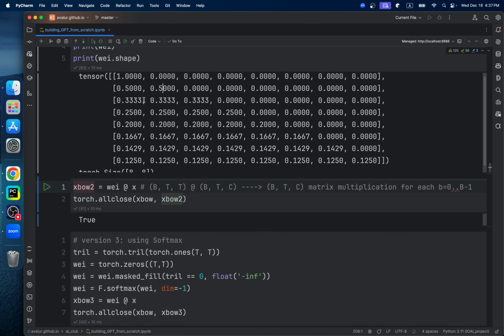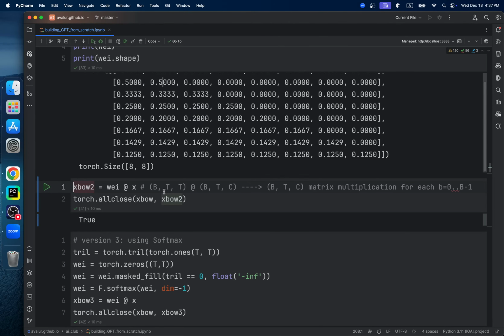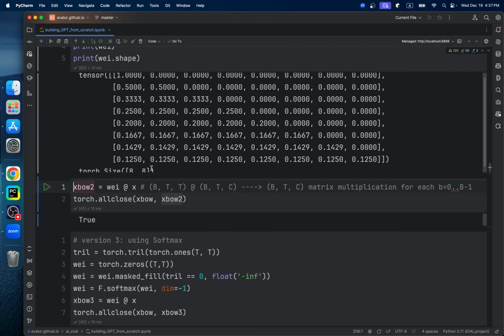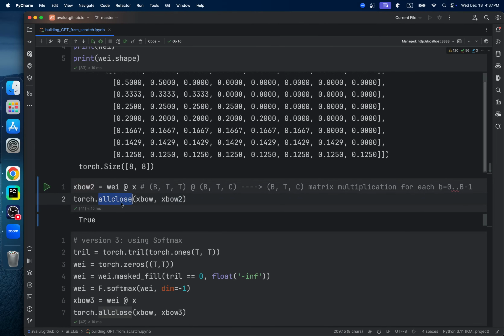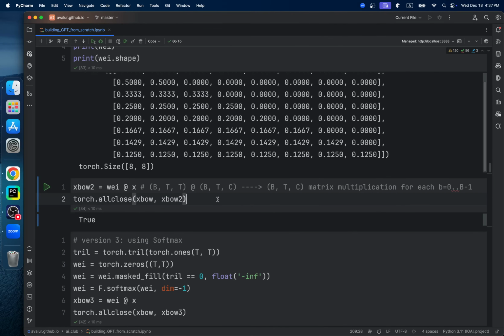If we multiply our input of size 8 by C by this 8 by 8 matrix, then the result will be exactly x bow. So the second variant of calculating x bow coincides with the first one. So we replace 2 loops with 1 matrix multiplication. And of course it works for any dimension. We need to specify T, the number of tokens inside the sequence, and then perform this operation to get the same averaging as previously.